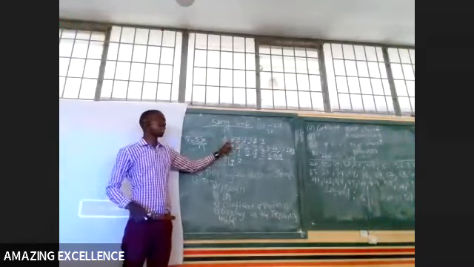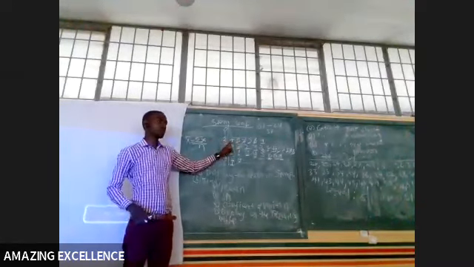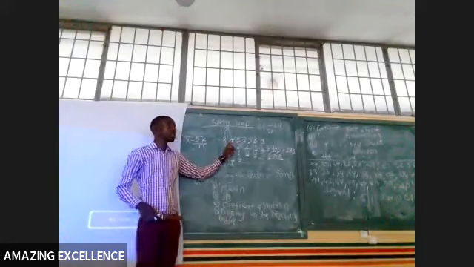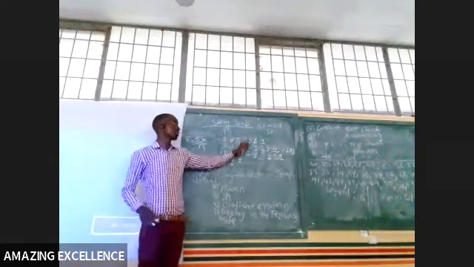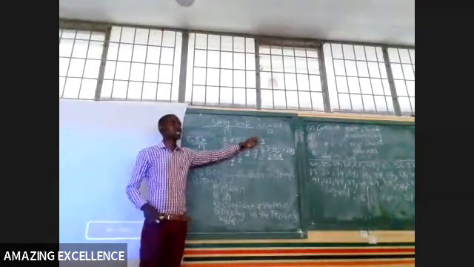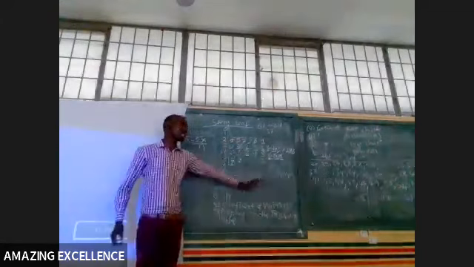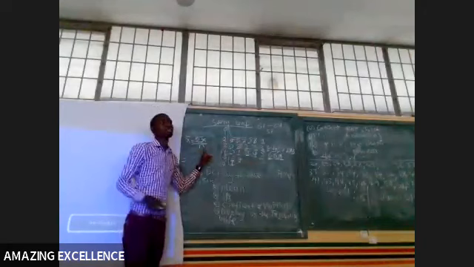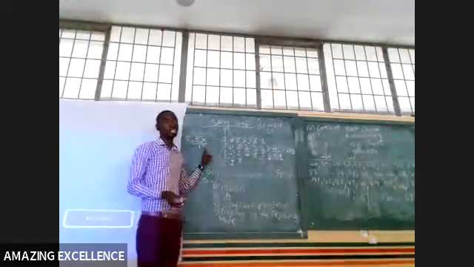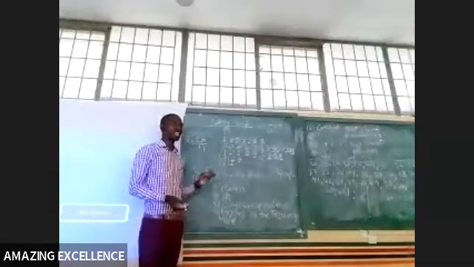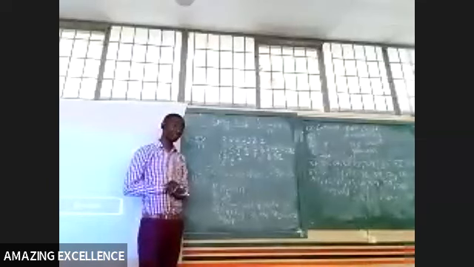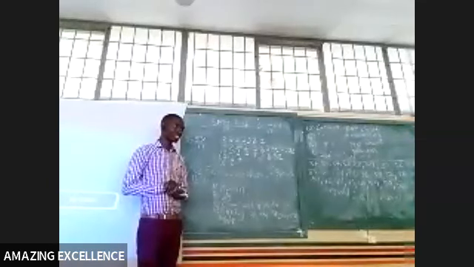You say 24 plus 25 plus 27 plus that one plus that one, you get it, right? You add all the numbers, then you divide by 30, since they are 30. Whatever you get is the mean. Did you get that one?